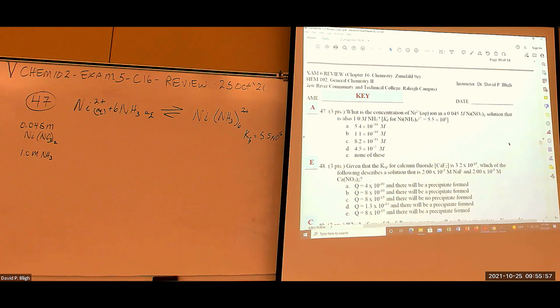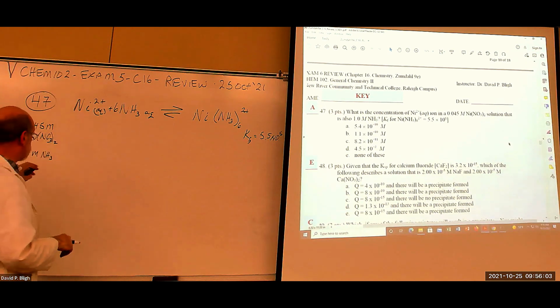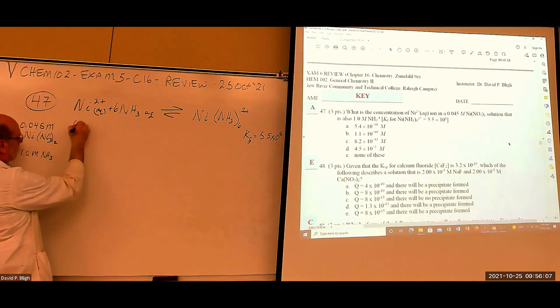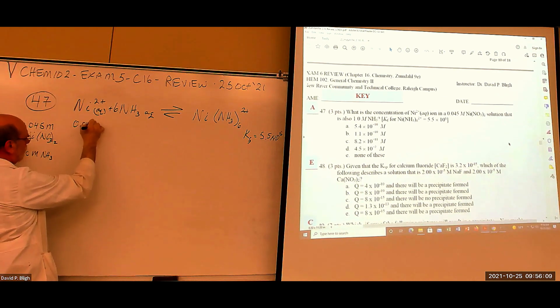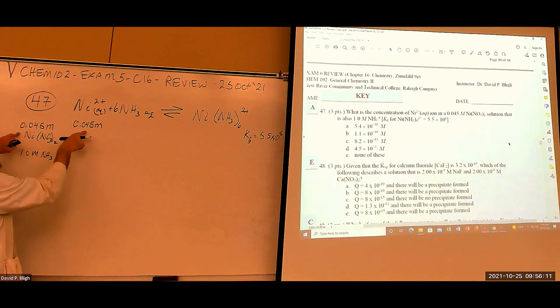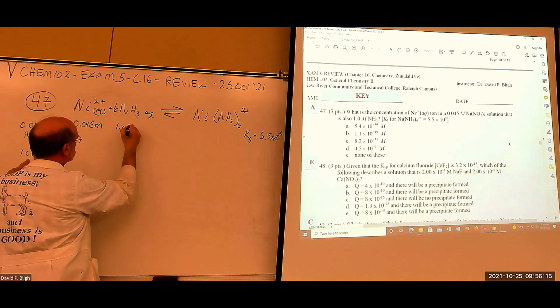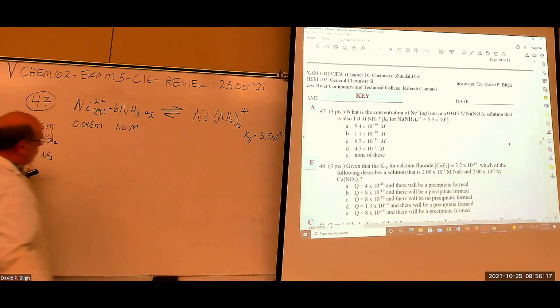So let's do the stoichiometry for this one. What's the nickel ion concentration to start with? It's 0.045 molar. That's nickel. And the ammonia concentration is 1.0 molar.